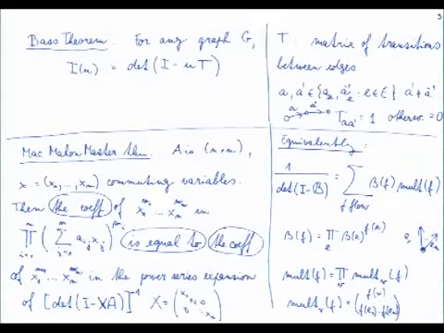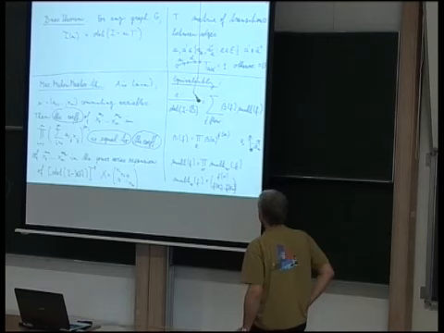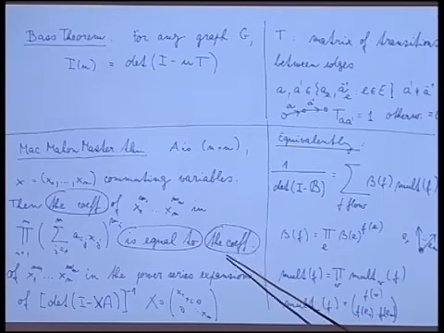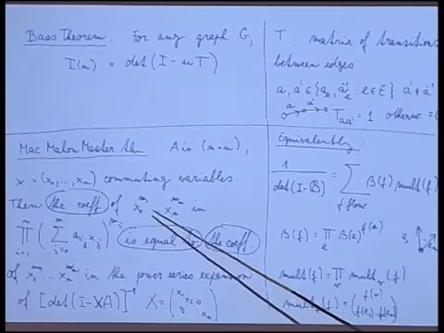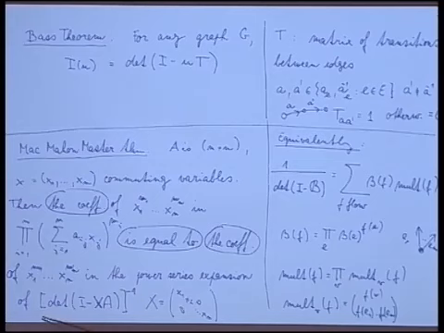So that is Bass's theorem, and then the second ingredient is the MacMahon Master theorem, and it is basically an interpretation of 1 over this thing. You can write it in this way, so that the coefficient of this monomial in this product is equal to the coefficient of the same term in the expansion of 1 over the determinant, or you can understand it combinatorially.